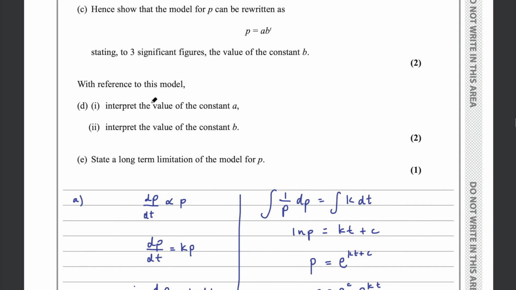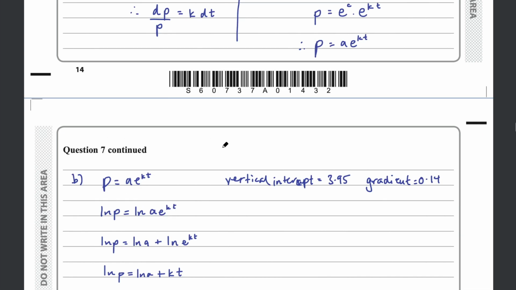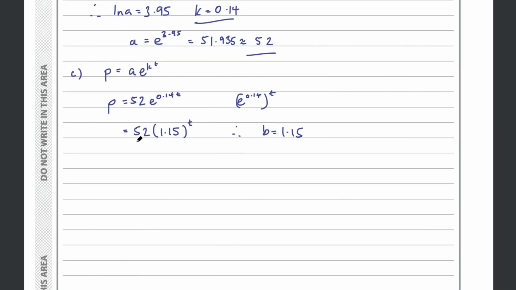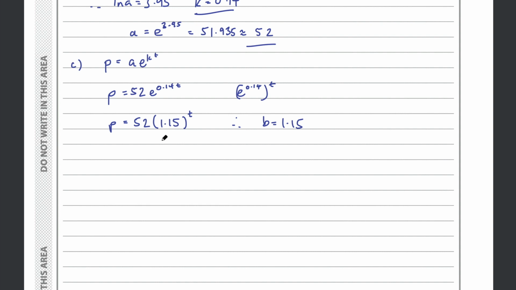And then part D says, with reference to this model, interpret the value of the constant a for part 1, and part 2 says interpret the value of the constant b. Okay, so let's look at our model again. We've got P equal to 52 times 1.15 to the power of t.